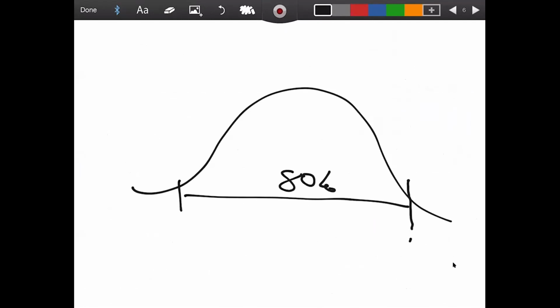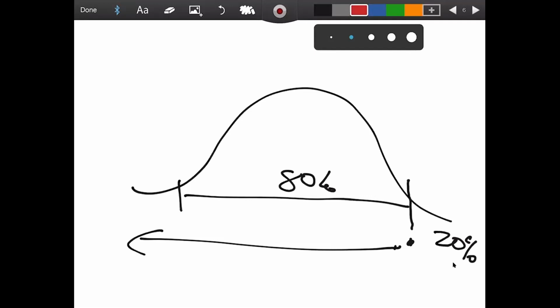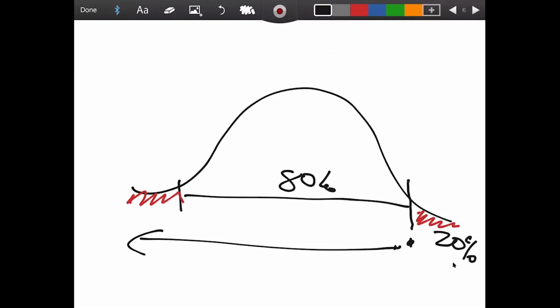If we got this value and said, okay, what is 80% in the body? That would leave us 20% in this tail. And that's not what we're interested in. We're interested in what is the middle 80%. So we're excluding the extremes, right? We don't want these areas over here. And so what we do is find, okay, what is the single value here that would give us the desired 10% over here? And that when we make it negative, gives us the desired 10% over on this side. Does that make sense?